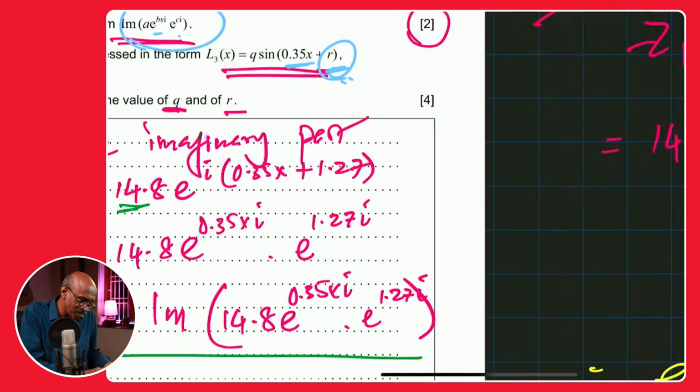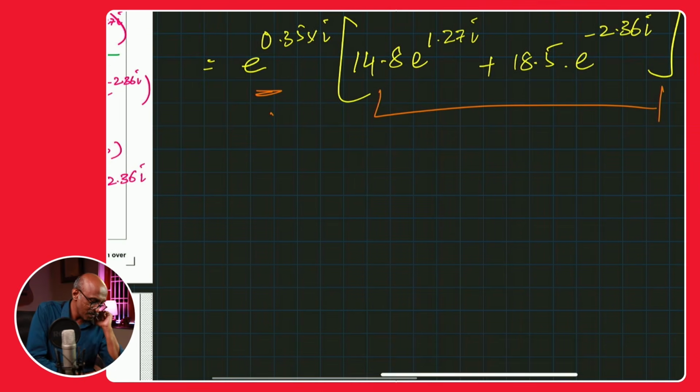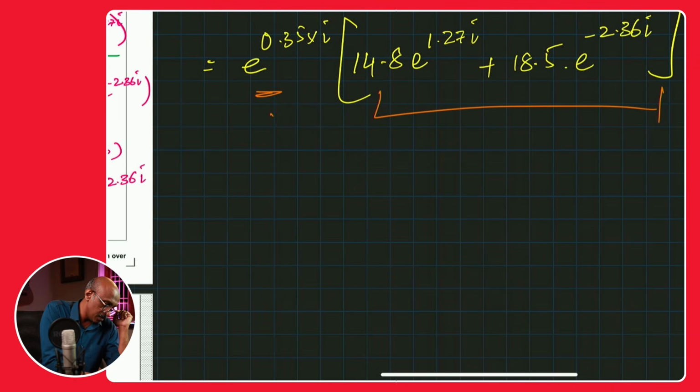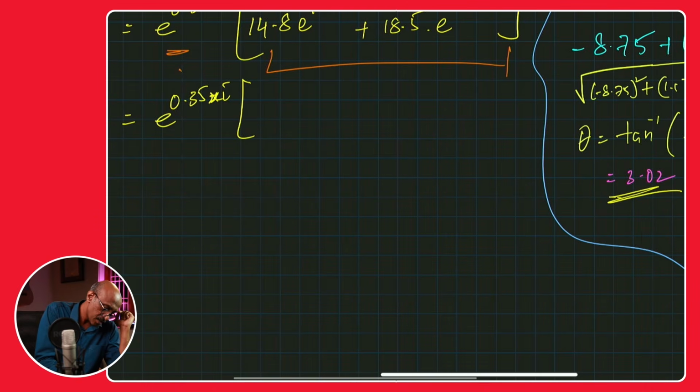Let me put it all together now. Remember, we have evaluated just this part, okay? So how are we going to write this? This can be written as e to the power of 0.35xi, okay? This is xi, not multiplied by xi, with the modulus here being 8.82, and we have cis theta, right?